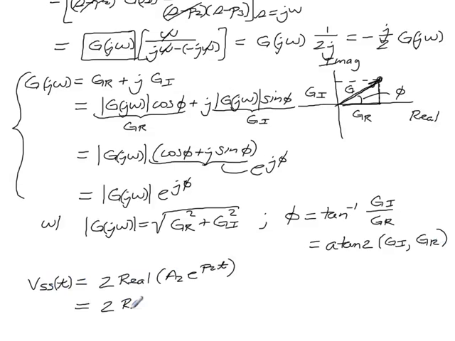We got 2 times the real part of A2. A2 was, what, minus j over 2 G(j omega) e^(P2 t).